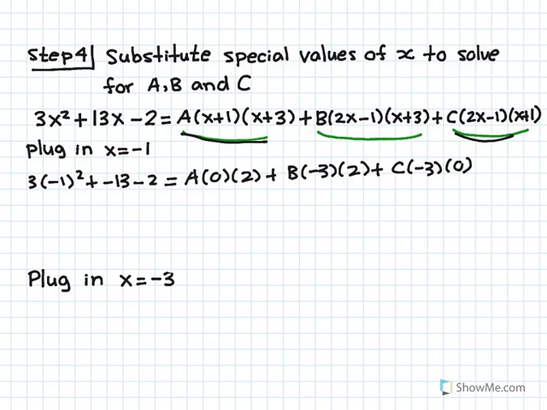So the left-hand side works out to 3 minus 13, that's minus 10, minus 2, that is minus 12, is equal to 0 minus 6b plus 0.